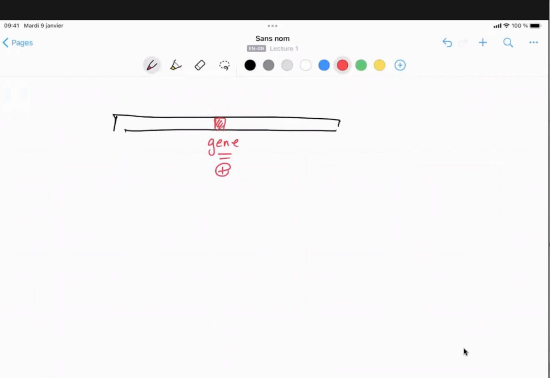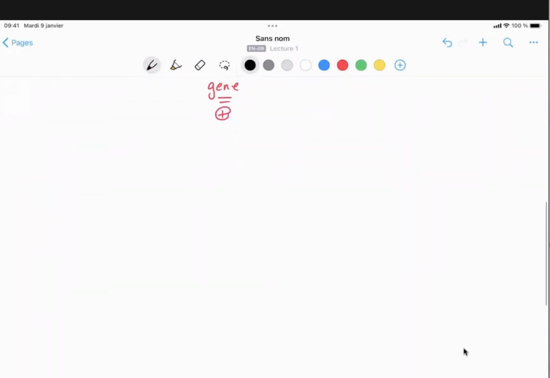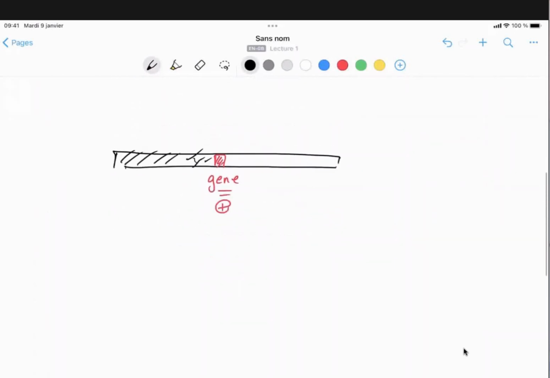All the part of the genome surrounding the gene has to be in heterochromatin, because there are transposons everywhere there, and it's dangerous.